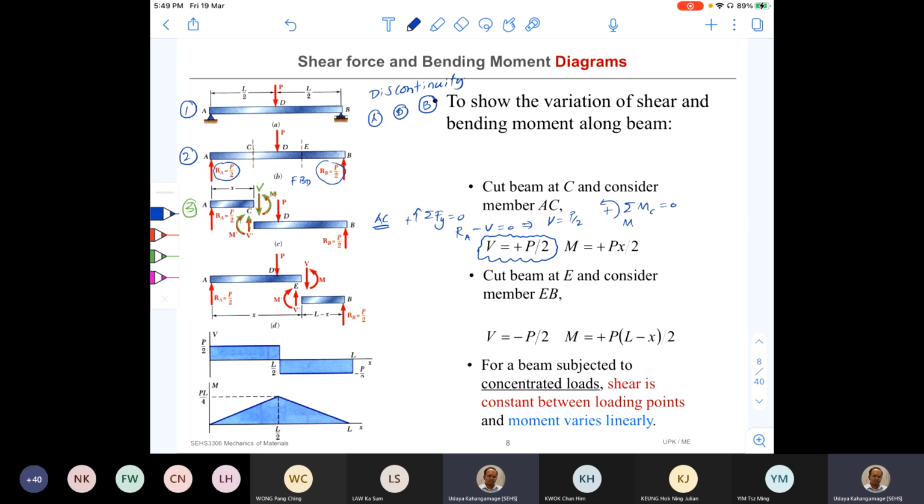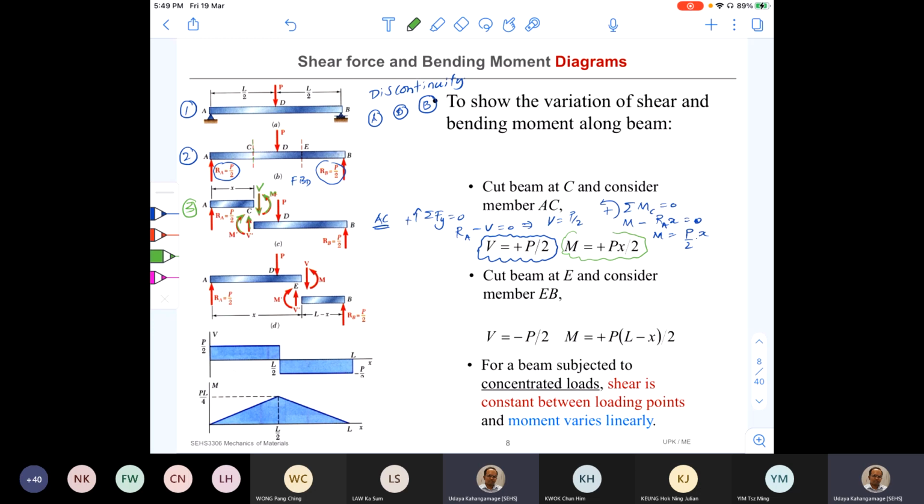See whether you can write this one by yourself. M, and RA will create a negative bending moment, right? So M minus RA times x equals 0. That means M is equal to RA, that is P by 2, times x, so Px over 2. That is how I got this.